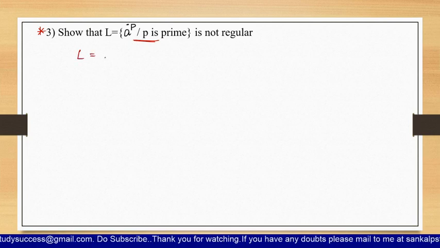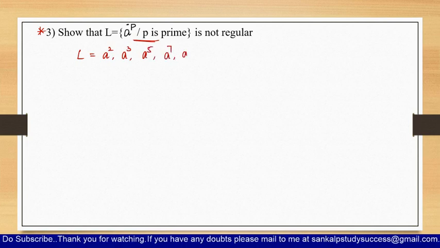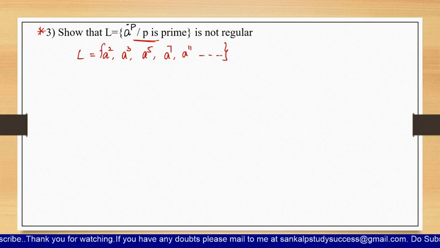L is equal to a to the power of p. Here p is prime. That means a square, a cube, a to the power of 5, a to the power of 7 and a to the power of 11 and so on. So we'll get all the powers as prime numbers. So here we need to prove that it is not a regular language.